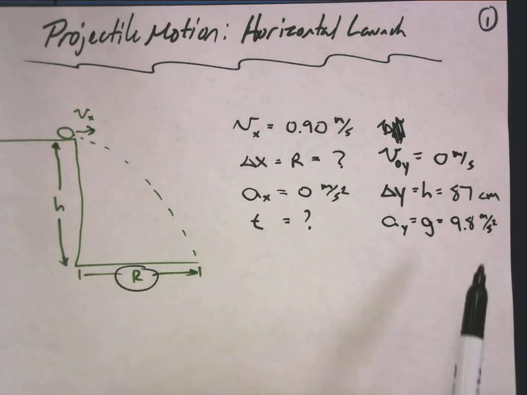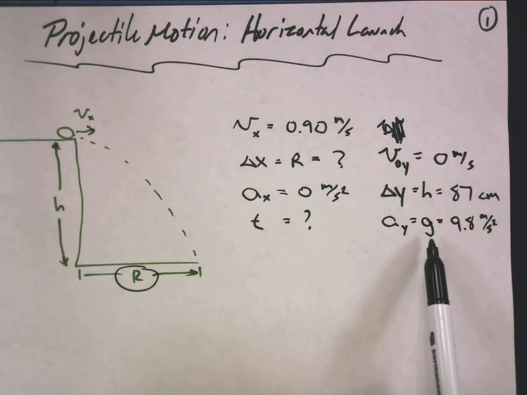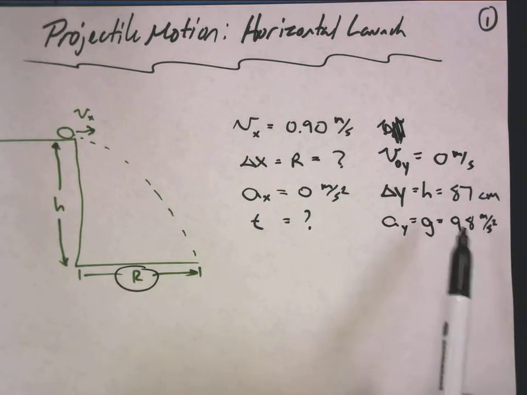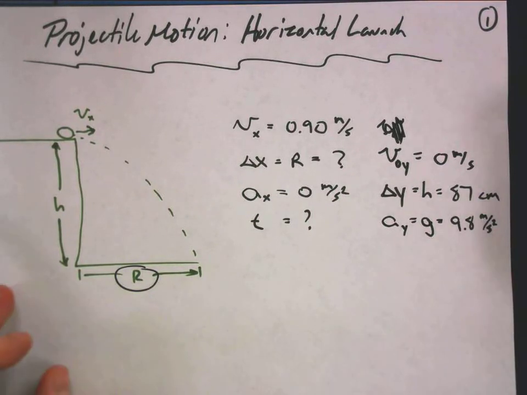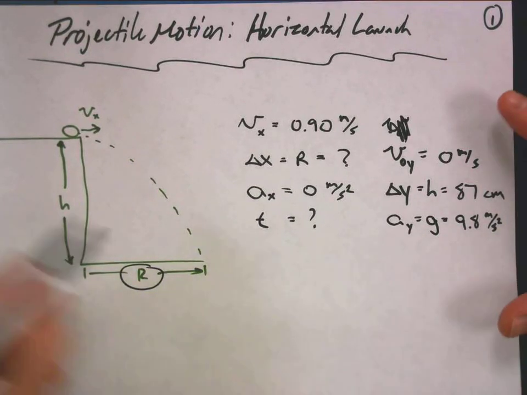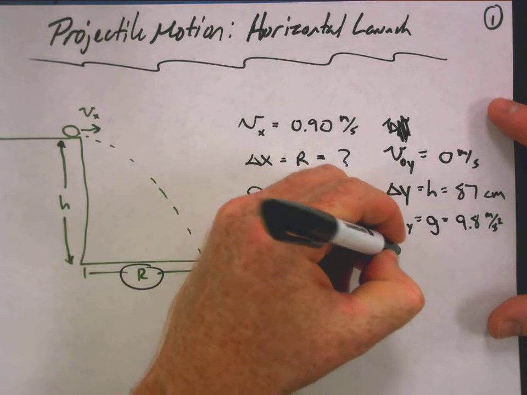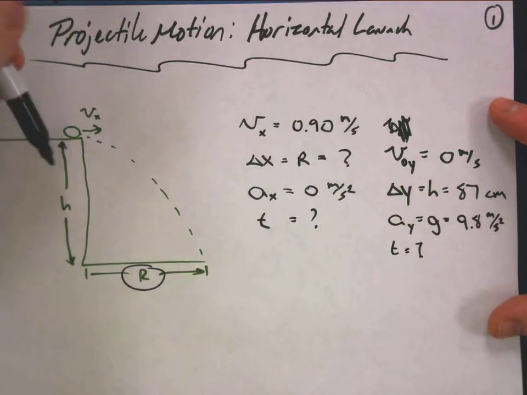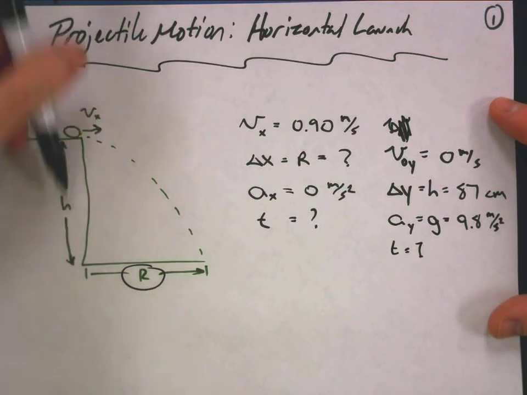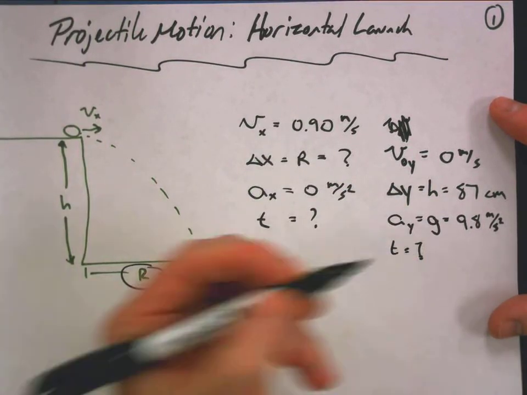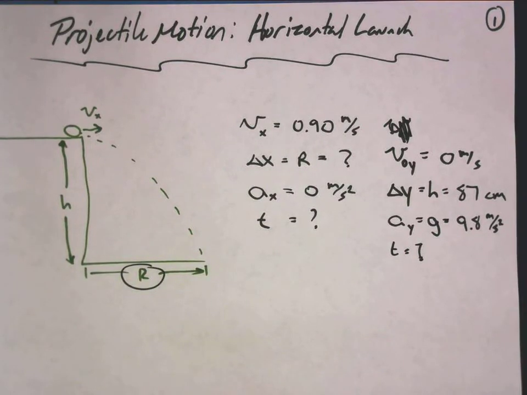On the AP exam, you're allowed to use 10 for little g. And so I wouldn't worry about the 9.8 versus 9.81, not at all. But again, time is an unknown here. We don't know how long it takes to fall that vertical distance. So we've got to start figuring this out.